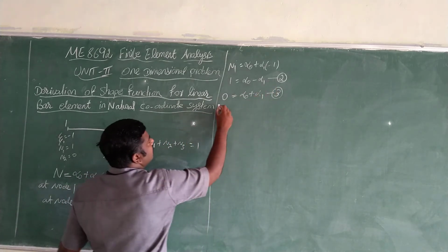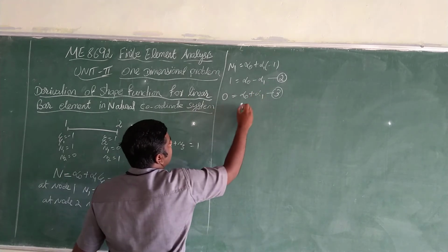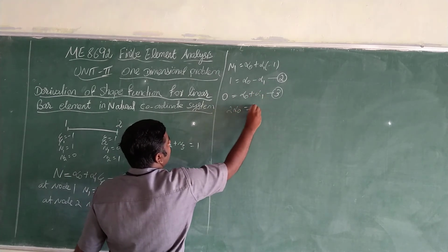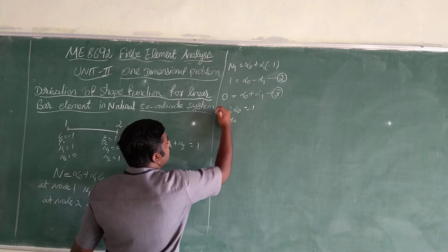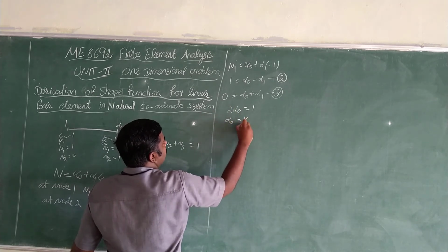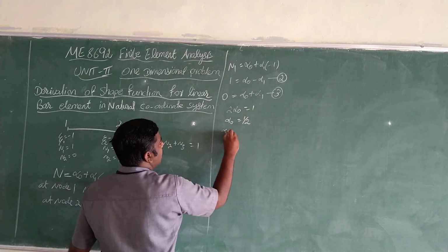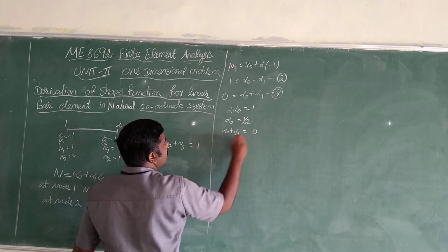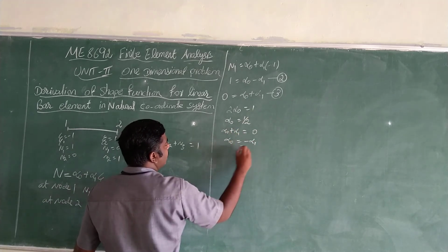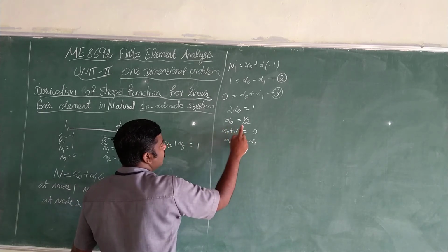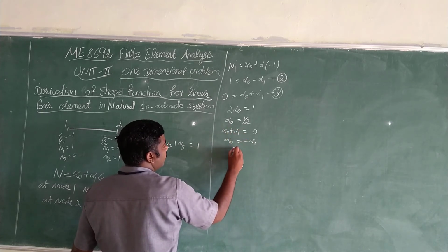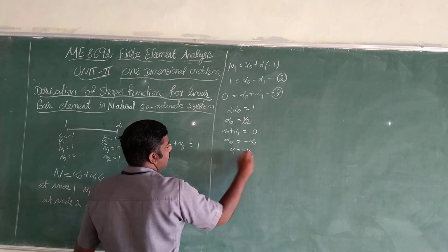Solve equation 2 and 3, you will get these two cancel. Therefore 2 alpha naught equal to 1, alpha naught equal to 1 by 2. So therefore from equation 3, alpha naught plus alpha 1 equal to 0. Therefore alpha 1 equal to minus alpha naught, that is alpha 1 equal to minus 1 by 2.